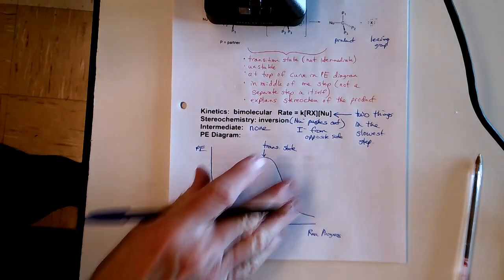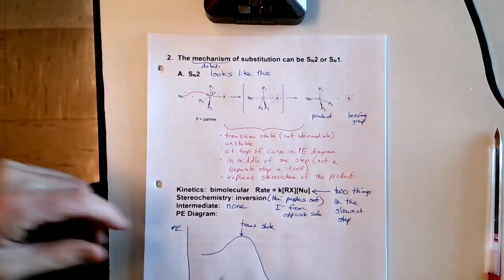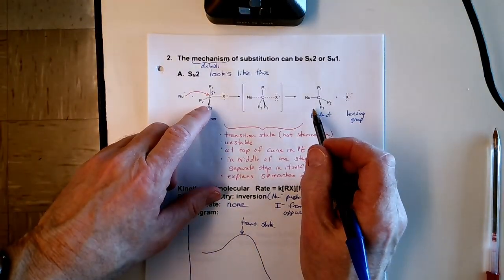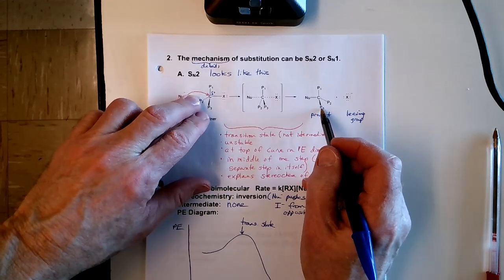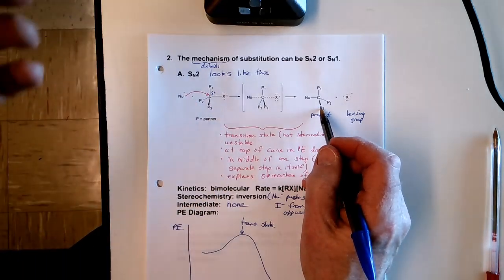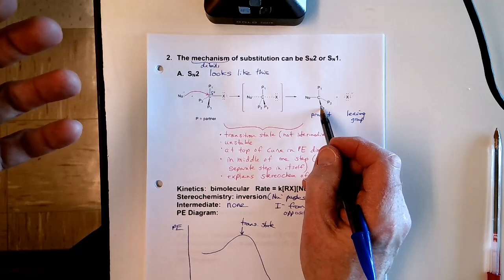Stereochemistry inverts, and the way we draw that is like this. Everything swaps sides, P2 and P3 swap sides, but they stay pointing out or back.